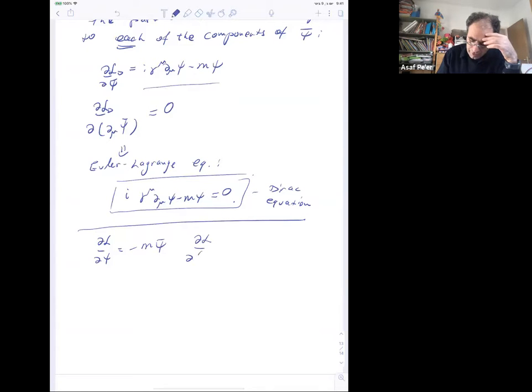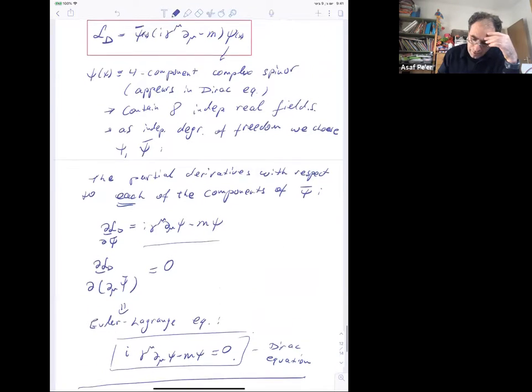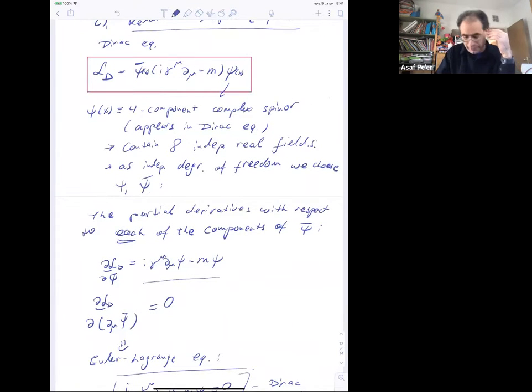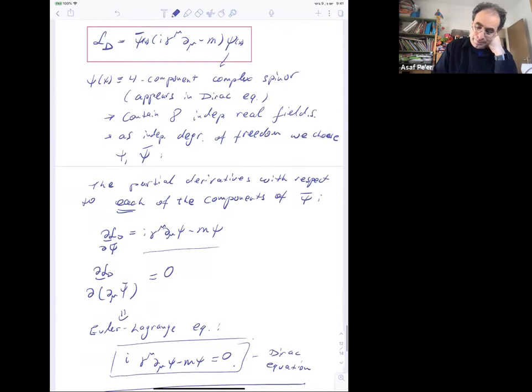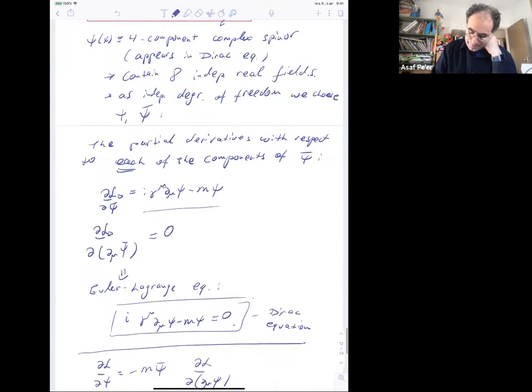Now for dL over d d mu psi, we have to be slightly more careful, right? If you look at the Lagrangian, we do have a d mu psi here. This would give us i psi bar gamma mu.